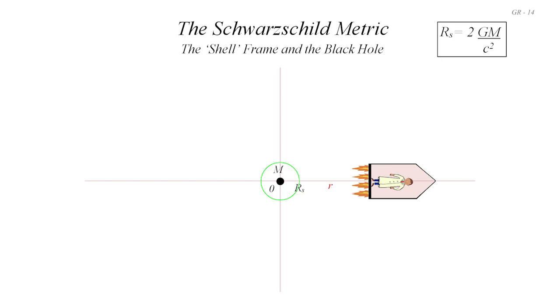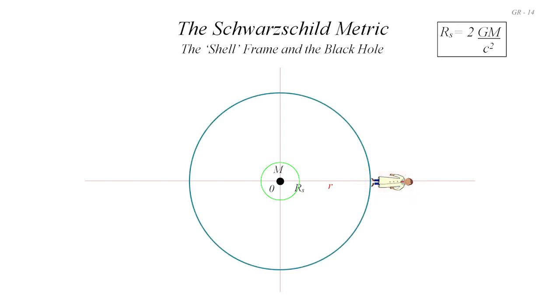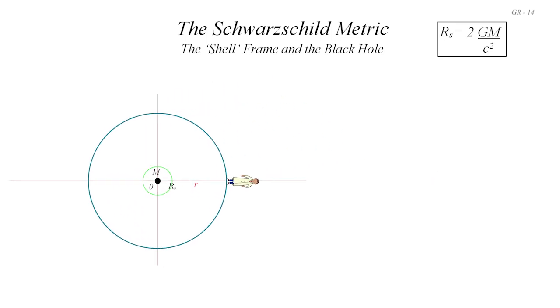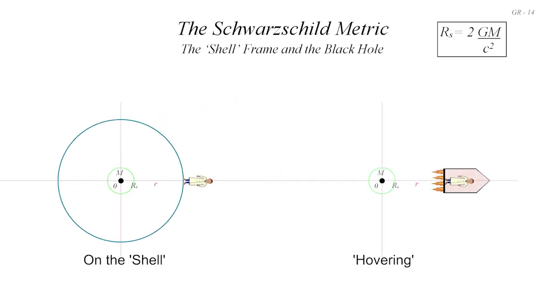Or they may be standing on some sort of hard, thin shell of radius r, which is somehow surrounding the black hole like this. Now, don't ask me how the shell will be kept in place, because what I want to stress is that in both these situations, general relativity tells us that the person is accelerating.